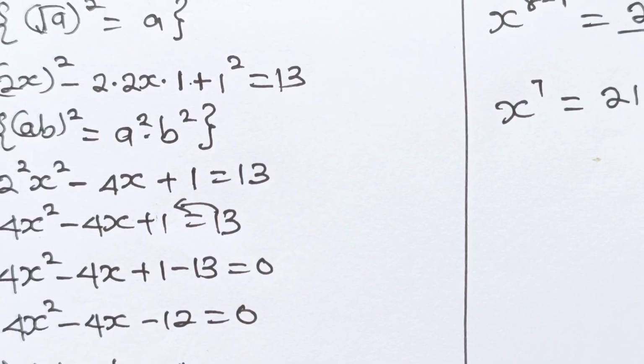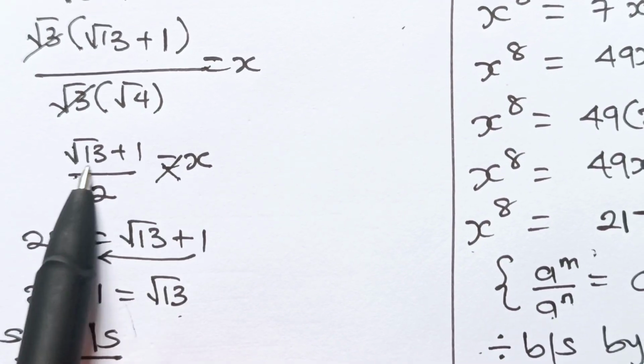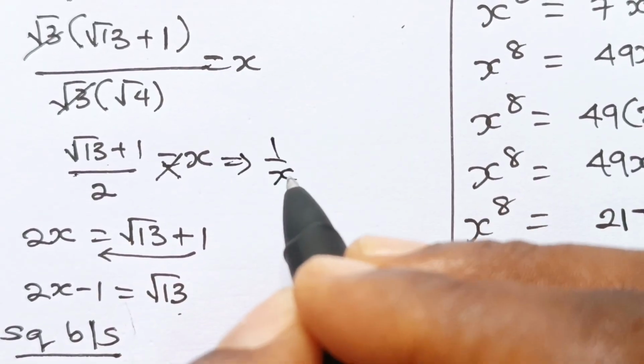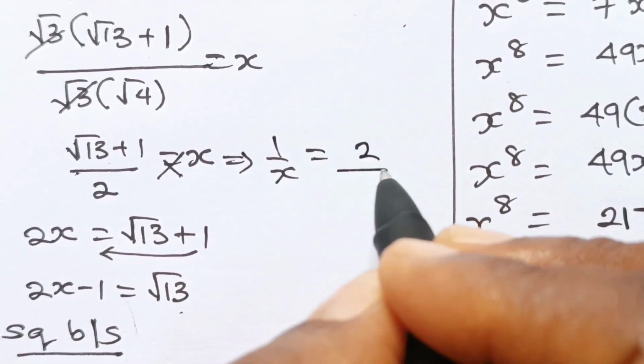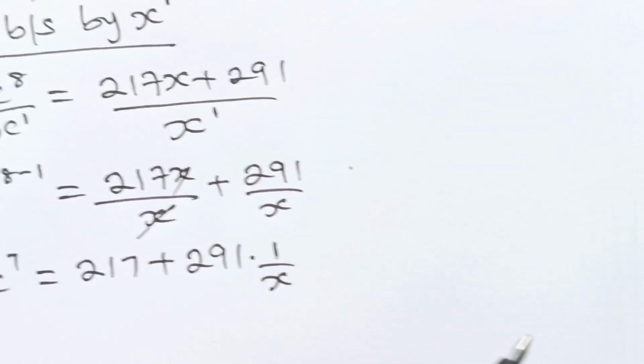Now, according to our simplified version, if x is equal to root 13 plus 1 over 2, it implies that 1 over x should be equal to 2 over root 13 plus 1. So this is what we are going to substitute here.